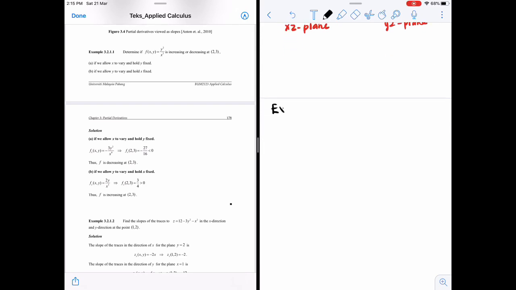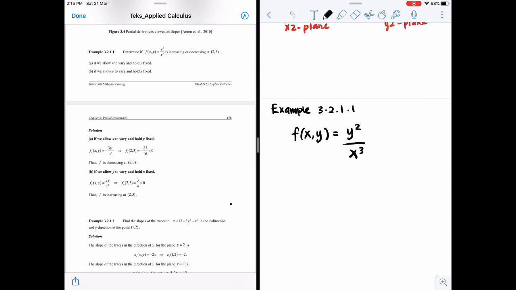Let's see example 3.2.1 where we have to check whether the function f is increasing or decreasing at point (2, 3). Okay, so let's say we have a function f(x,y) equal to y squared over x to the power of 3. So we want to check whether this function is increasing or decreasing at point (2, 3).